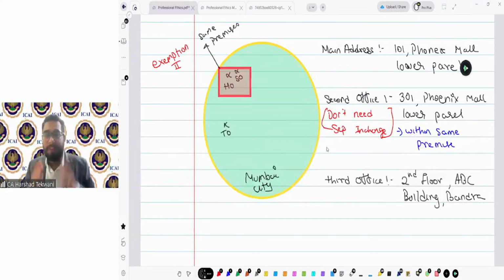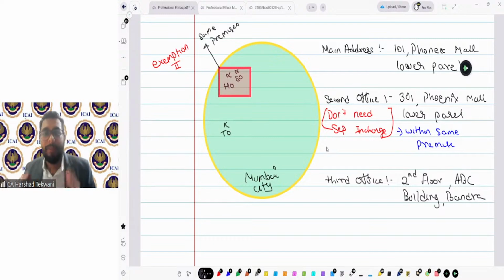Now, this third office is again within the Mumbai city, and when I talk about Mumbai city, it's within the same city. Some people ask, in areas where you have a combined city like Delhi and Gurgaon, will it be counted as the same city? No. City means as per the municipal descriptions. So Mumbai and Navi Mumbai are different cities, Mumbai and Thane are different cities.